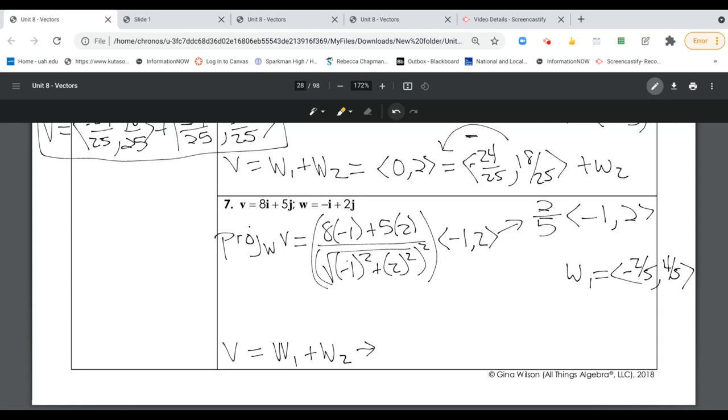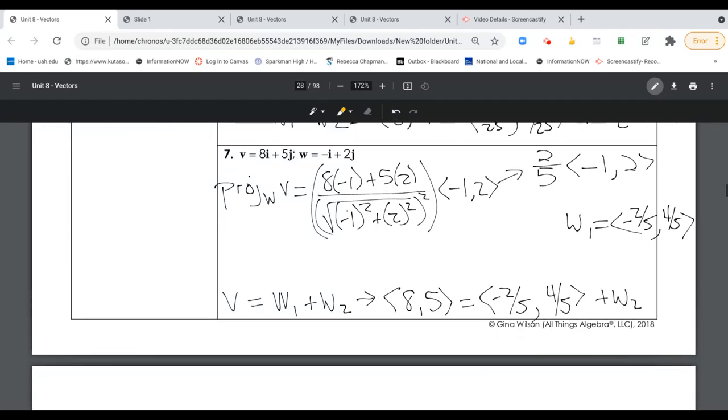So in order to break this down, I'm going to take my 8, 5 vector v and set that equal to W1 plus W2. When you subtract, your W2 vector ends up being 42 over 5 and 21 over 5.